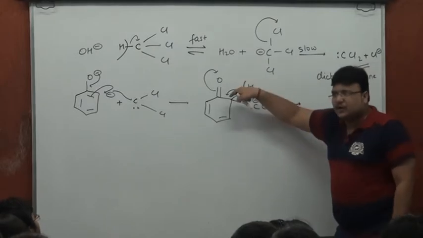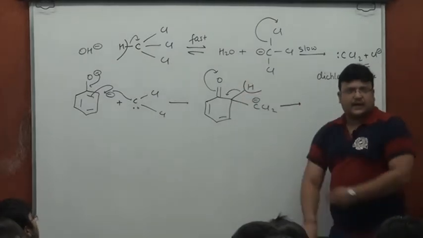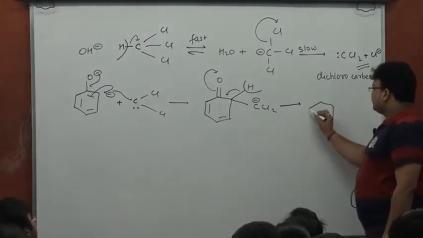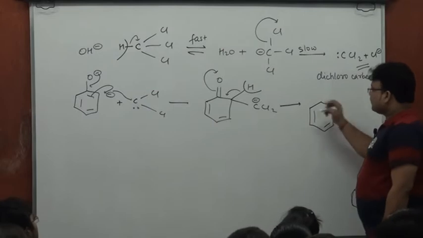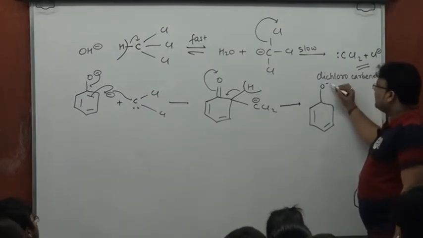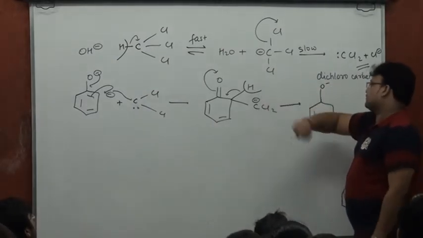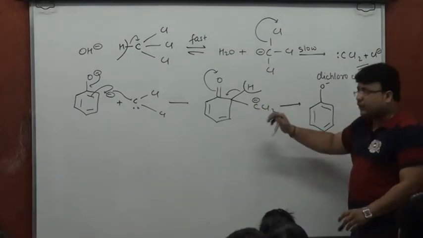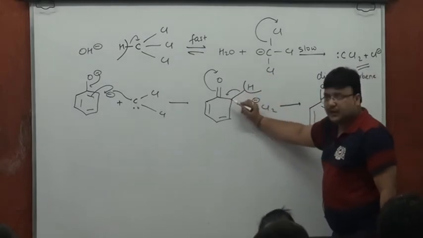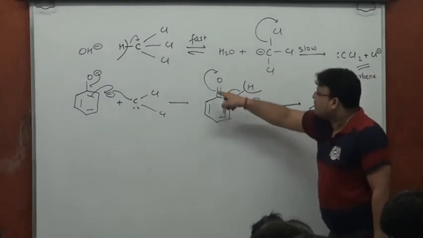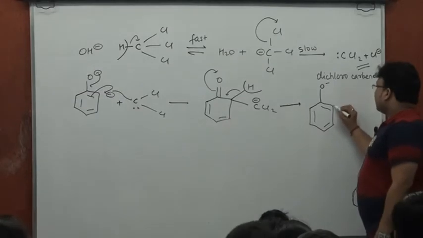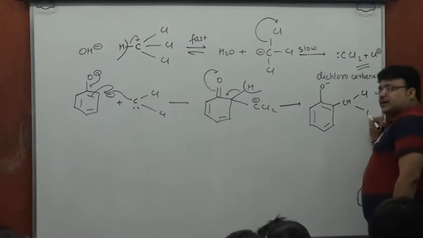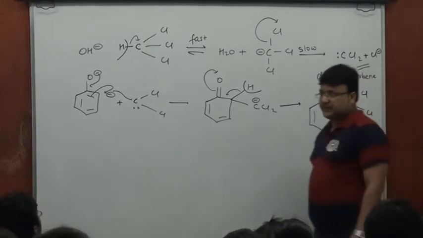So it gets tautomerized, and then you have O minus now, this hydrogen is caught by the C minus, and this pi bond here makes it aromatic again. I hope you all are following me. This goes with H plus, this pi bond comes in, making it aromatic again. It goes over to oxygen, so it's O minus now, and this has become CHCl2, neutral because it got H plus now.